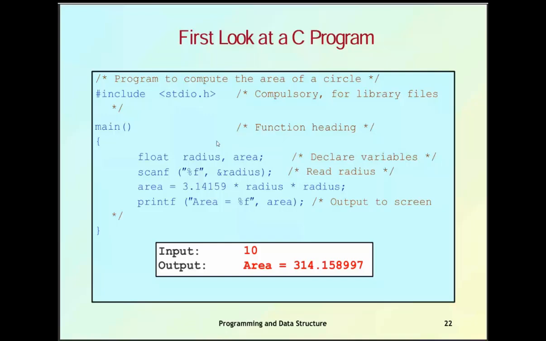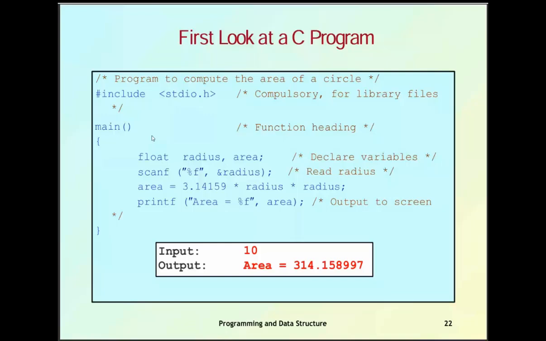Now let us see some other points. Here we have this main function. Anything that has this opening bracket and closing bracket is typically considered a function in C programming. scanf is also a function, printf is also a function, and main is also a function. Main is a special function in C programming.